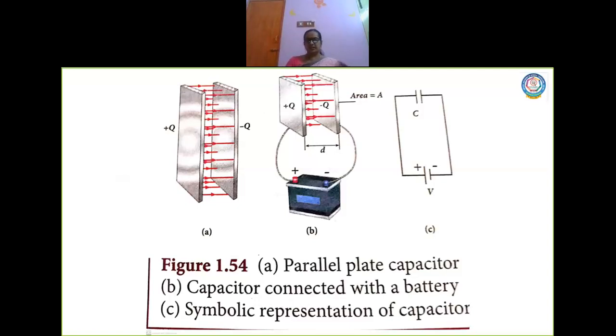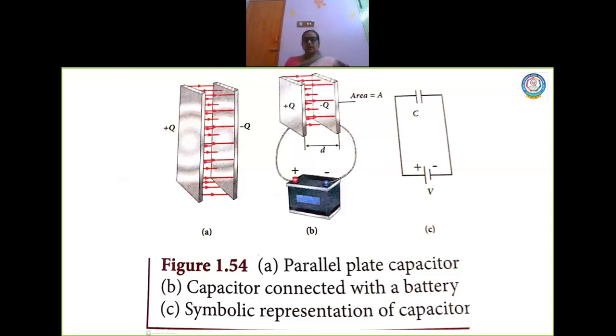Now look at the first diagram. A capacitor consists of two conducting objects. There are two plates kept parallel to each other, and these two plates are conducting and separated by some distance.